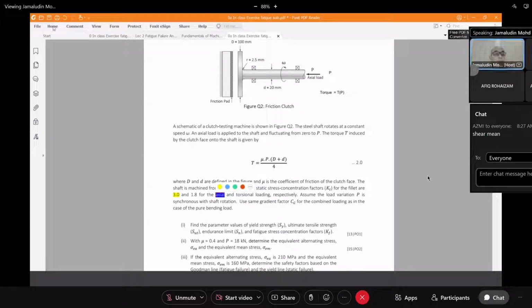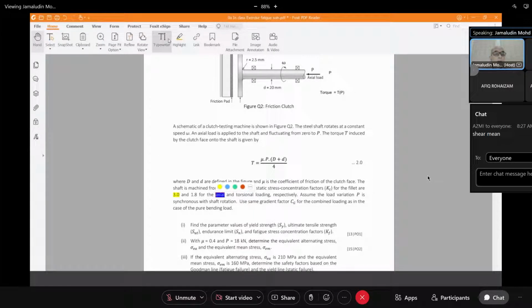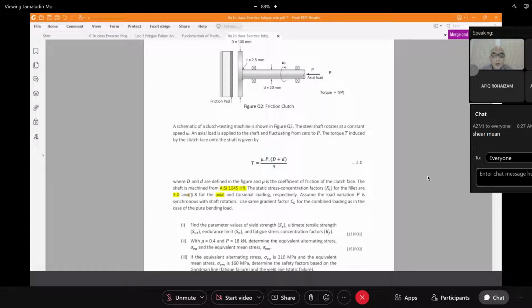The other one, for 148, will be for torsion, the green one. That means the axial KT will be 3, and the torsion KTS, the green one, will be 1.8. That is the KT, static constant factor. You don't have to look for it anymore.